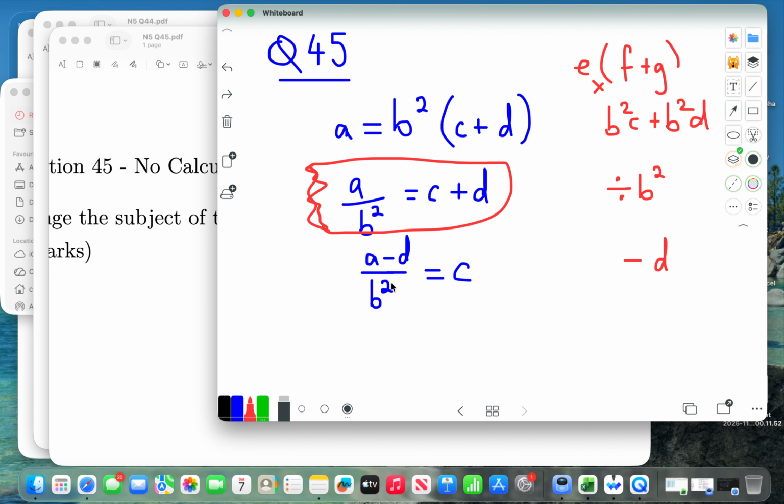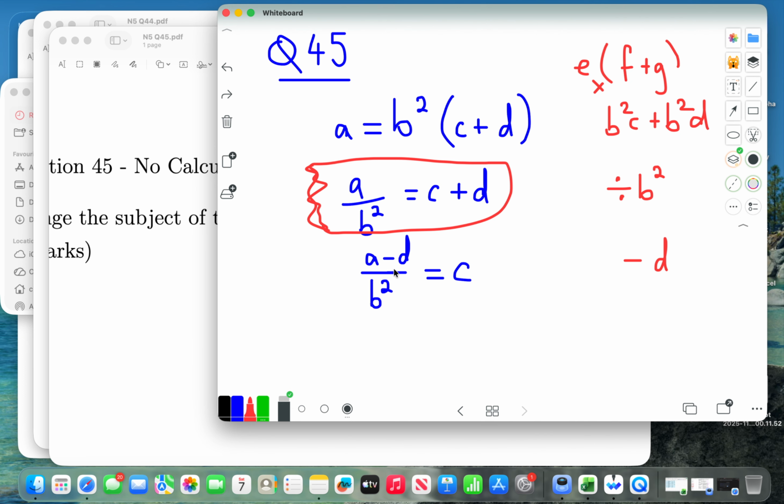I've taken away D over B squared on the left hand side. Because I've put it in the fraction, A minus D all over B squared means A over B squared minus D over B squared.